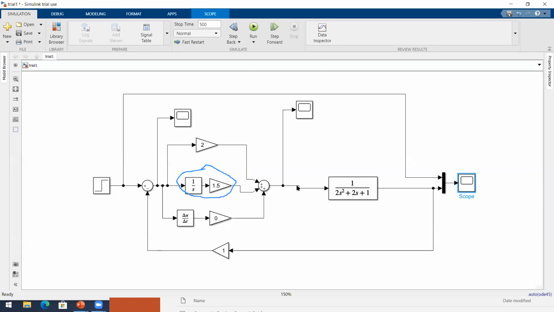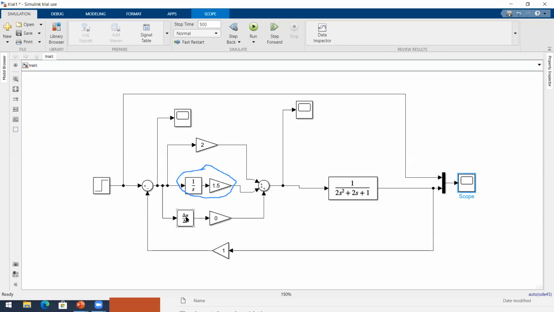That goes here, and also you are sending a proportional one. So this is called proportional. This is called integral. Now there is one more thing called the derivative.